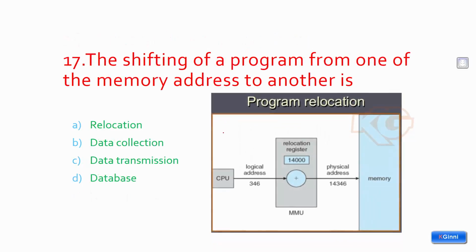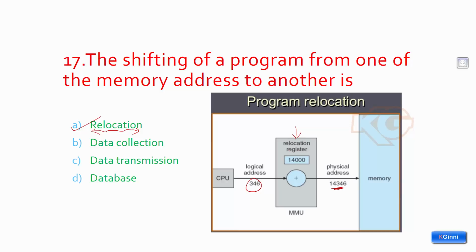The shifting of a program from one memory address to another one is. So what is that called? The option should be relocation. Relocation is an option. You can see it in the picture. Program relocation. You can see a CPU is coming here. It is generating an address 346, but the actual address is 14346. So who is helping with that?